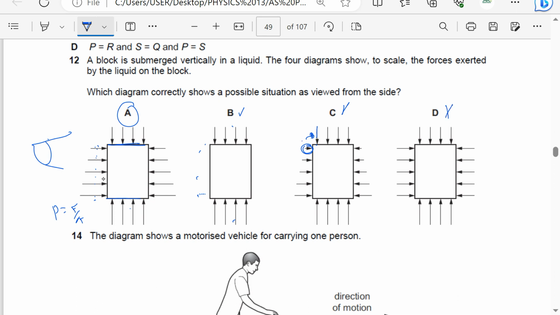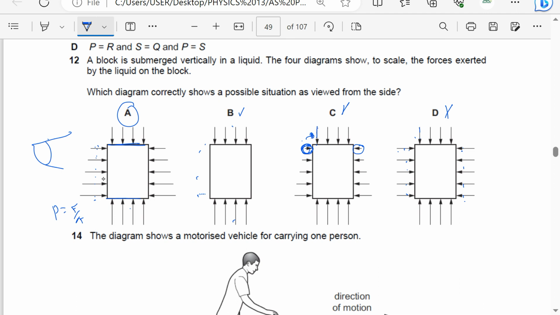It is showing that the length of these arrows is the same as the ones at the top, meaning the force is the same on this side as you go to the bottom, and then it becomes higher exactly at the bottom. That is not true. This one was disqualified because of the size of this arrow.